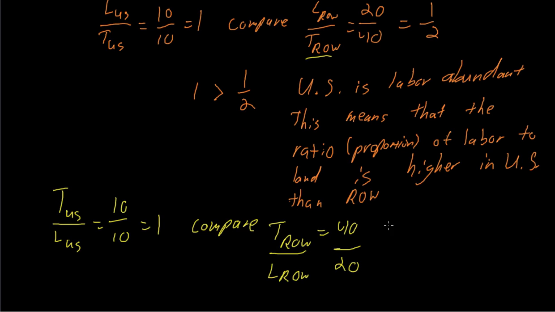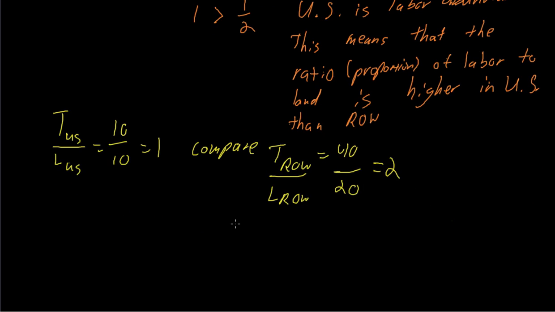And that's equal to 2. So since 2 is greater than 1, the rest of the world is land abundant. In other words, the ratio of land to labor is greater in the rest of the world than it is in the US. So that is all that you need to know about factor abundances.